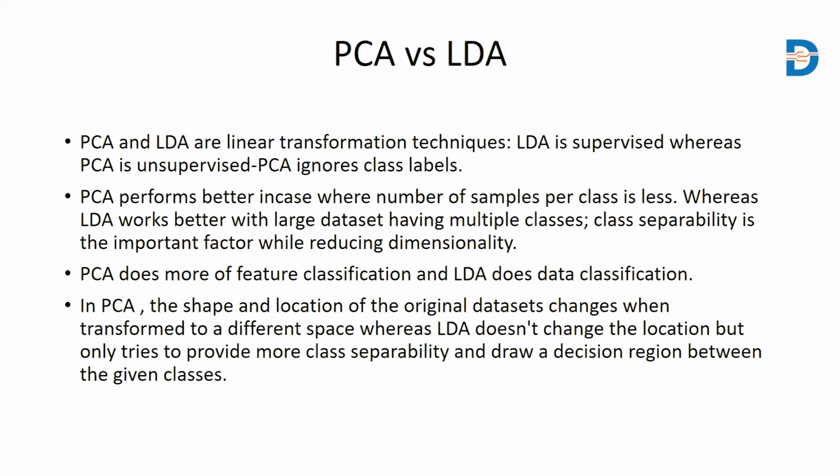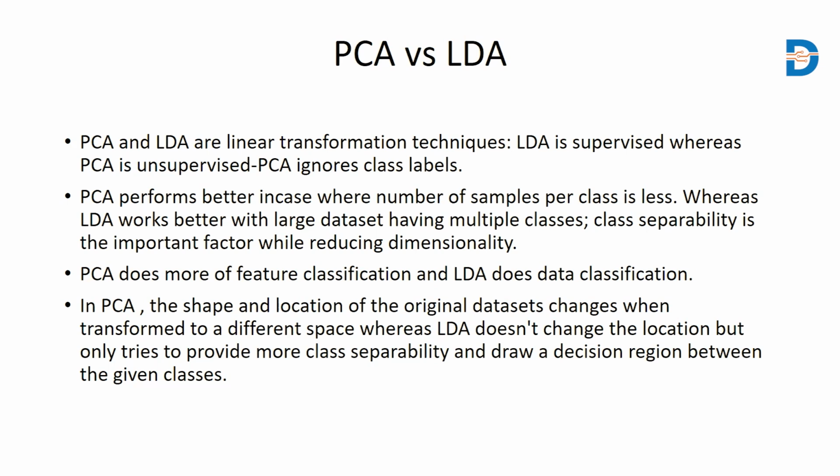Why? Class separability is an important factor while reducing the dimensionality. PCA does feature classification, whereas LDA does data classification. So PCA takes the features, and LDA does the data classification. In PCA, the shape and location of the original data set change when transformed to a different space, since we are taking the principal components.